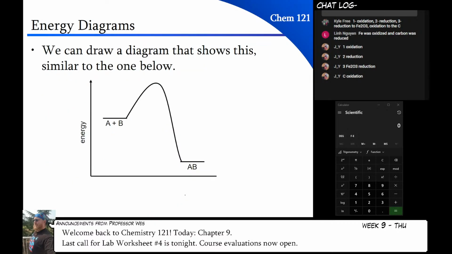So we'll do that right here. So here's the energy of A and B. It's some amount. I've arbitrarily chosen to put it here. And then AB has less energy than its individual components because the reaction released heat. The heat that the reaction released must be this much.